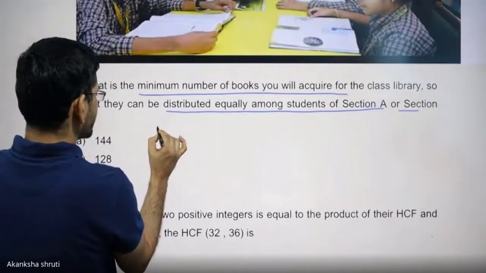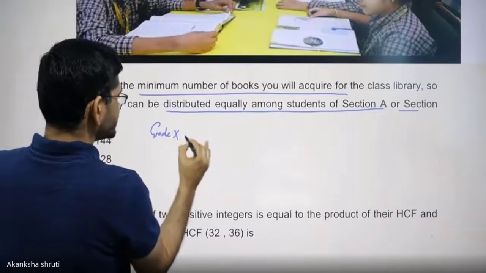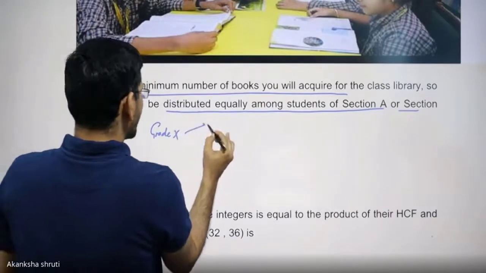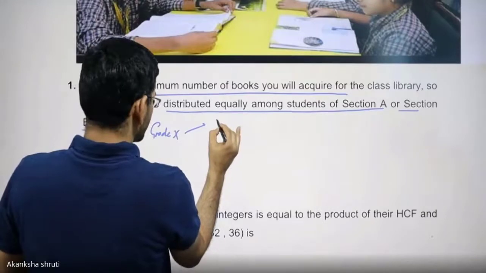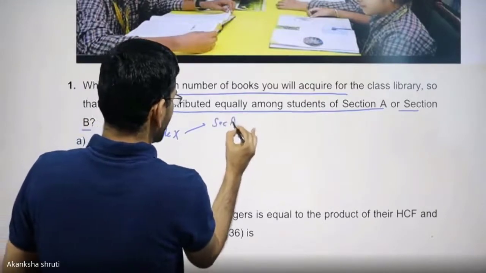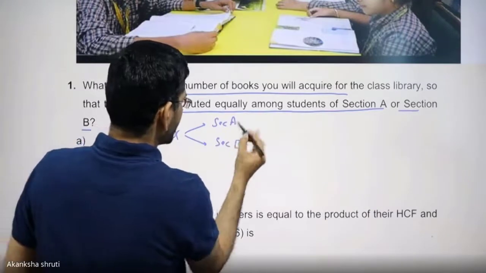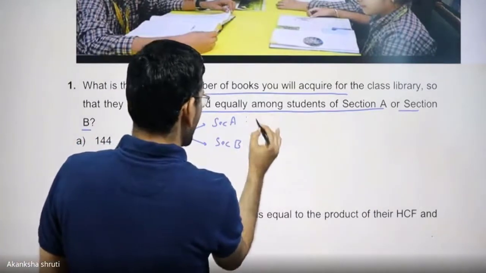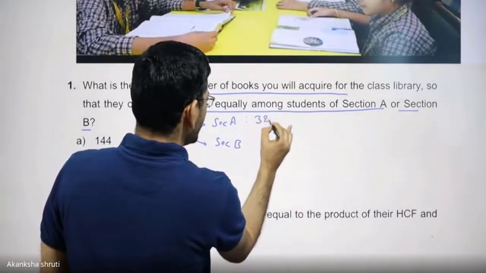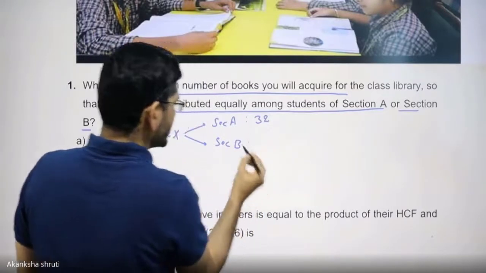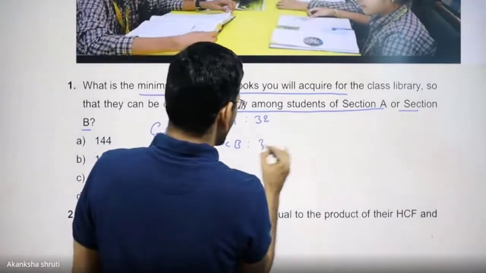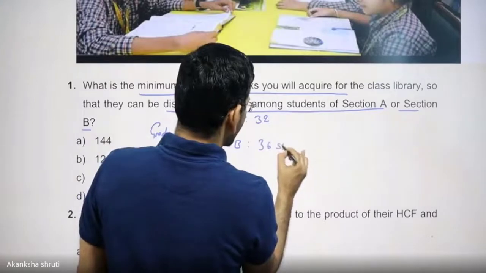Consider grade X. This grade X contains 2 sections, section A and section B. Section A has 32 students and section B has 36 students.